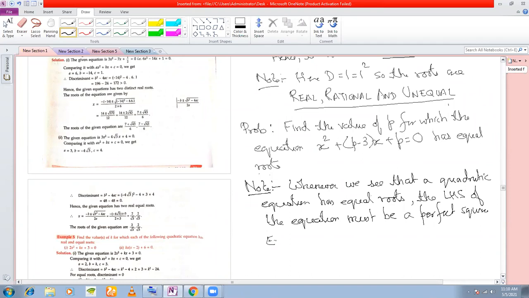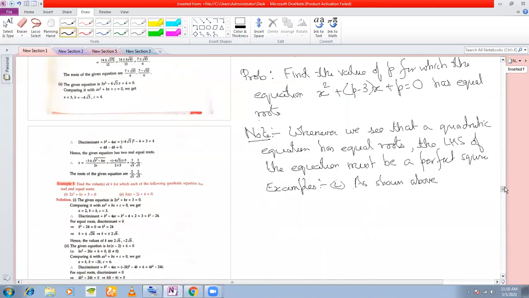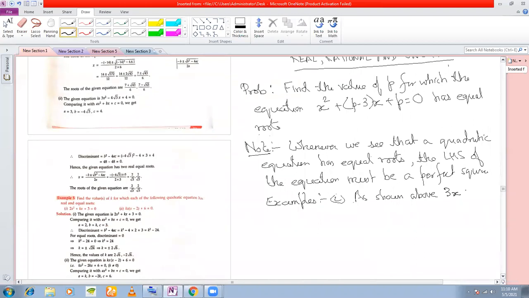Consider this example. Consider those 2 equations as shown above. As shown above, this equation 3x square minus 2x plus 1/3 equal to 0 has equal roots, right?